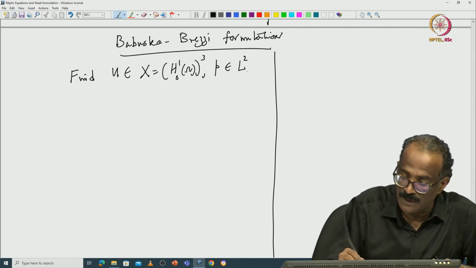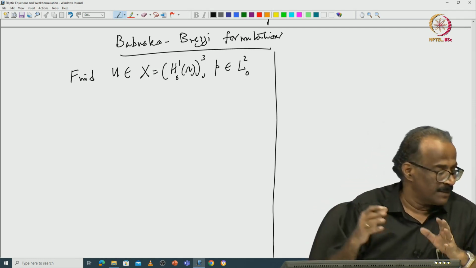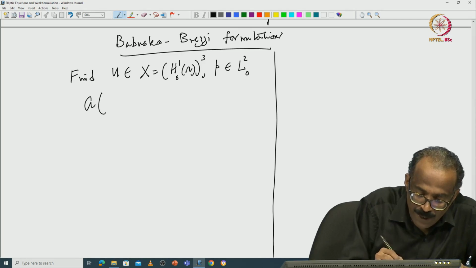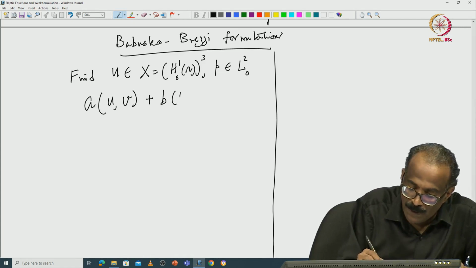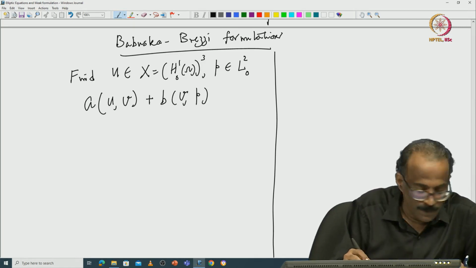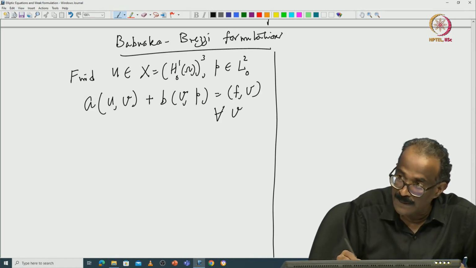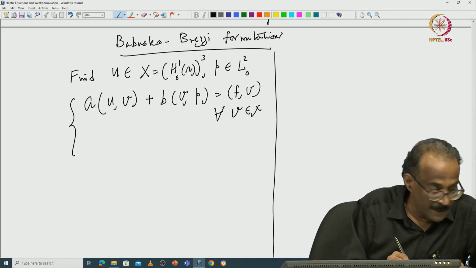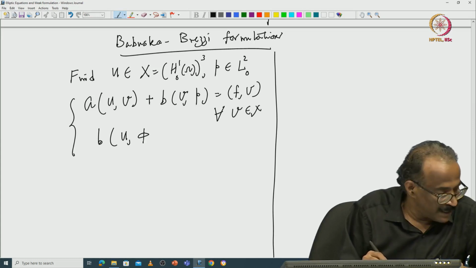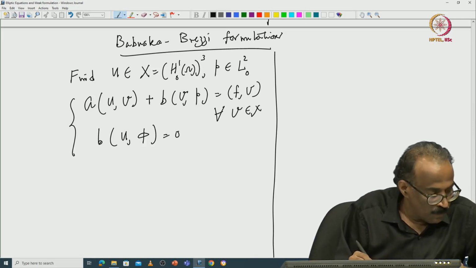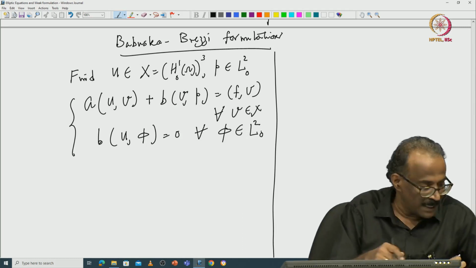There you get uniqueness because you are putting the condition that the integral of p equal to 0, so you are fixing the constant. The equation is a(u,v) plus b(v,p) equal to F(v) for all v in X, and the other equation is b(u,phi) equal to 0 for all phi in L2 naught. So this is the formulation.